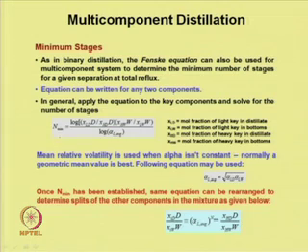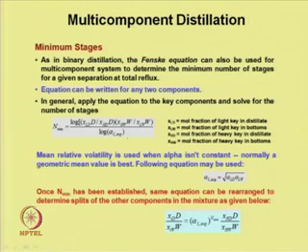If we apply for the key components, N mean would be equal to log of (x_Ld into D divided by x_hd into D) multiplied by (x_hw into W divided by x_Lw into W), whole divided by log of alpha_L average.